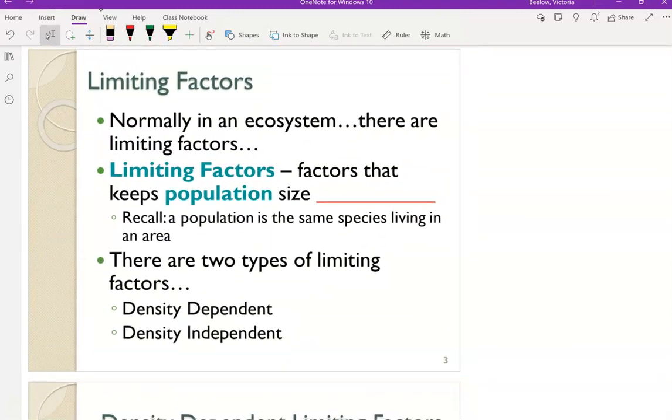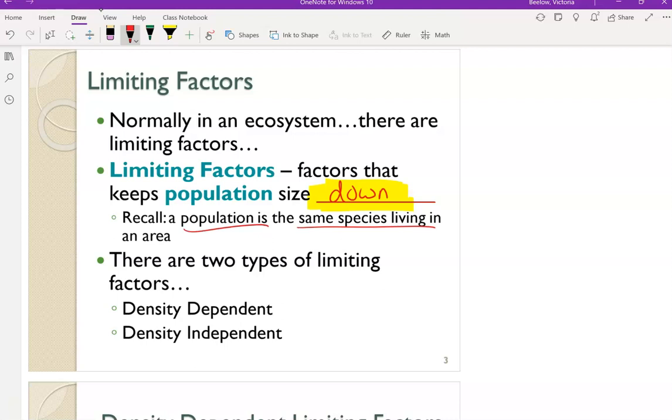Next, I want to talk about the main thing here, which is limiting factors. Normally in an ecosystem, there are limiting factors. These are things that keep population size down, so it prevents things from getting out of control. We're going to be talking a lot about populations here, which, if you remember back to the levels of organization or hierarchy, is the same species living in an area.